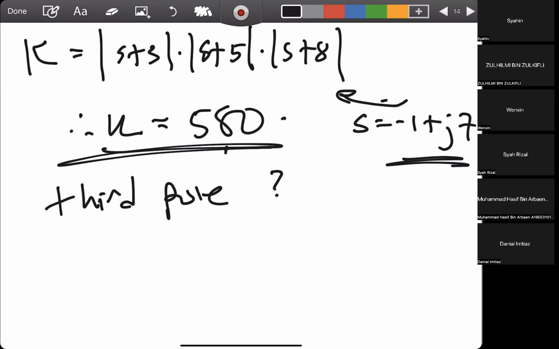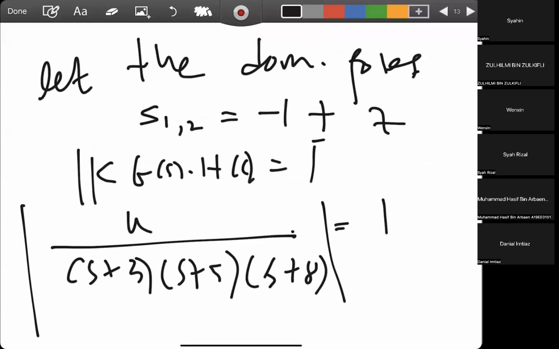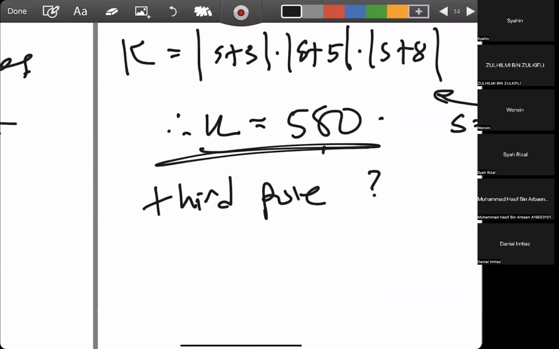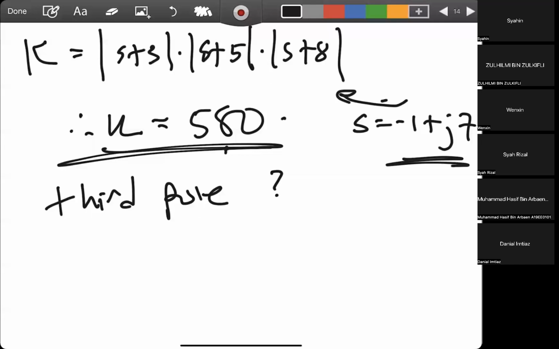Substitute the K inside the characteristic equation and then get the s. Which equation? The characteristic equation. Okay, yeah.